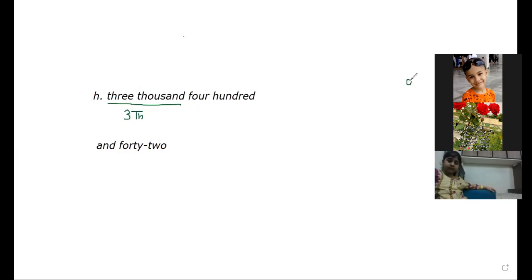So the first one is the unit, the second one is tens, and the next one is 100, and I will end on thousands. How many thousands do I have here? 3. So I'm going to write 3 under 1,000. Now the turn of 100. How many hundreds do we have? We have 4 hundreds. So I'm going to write 4 under the 100.